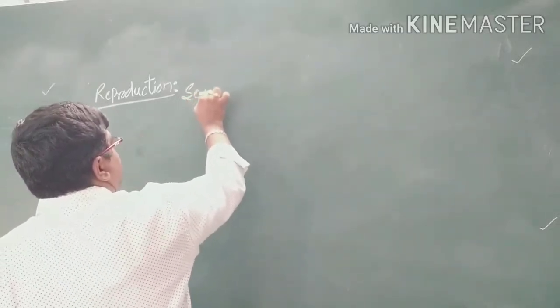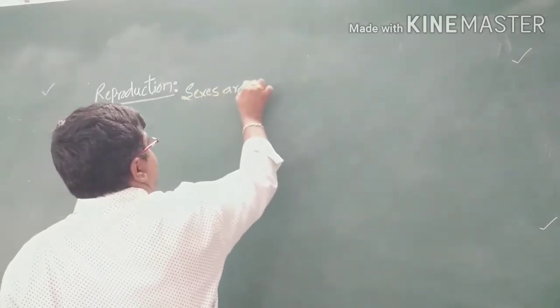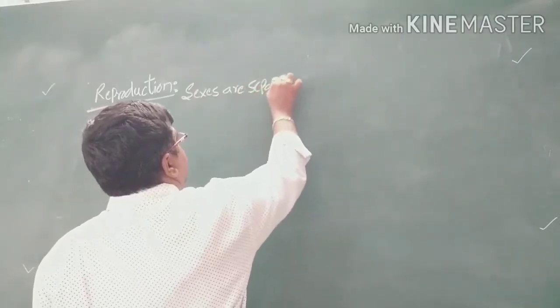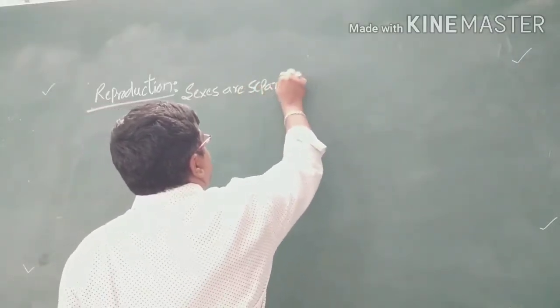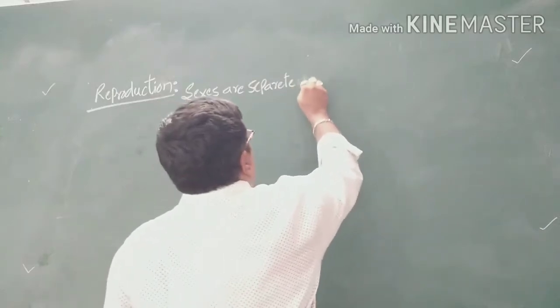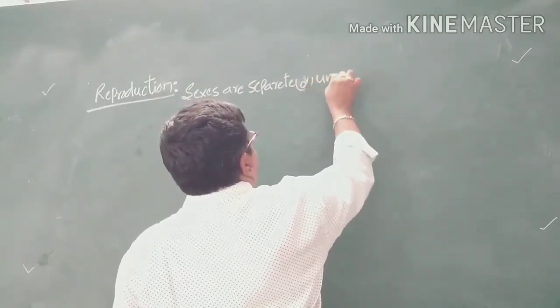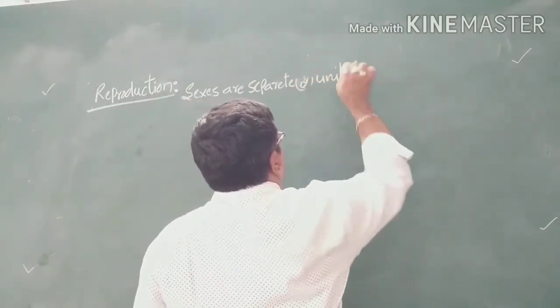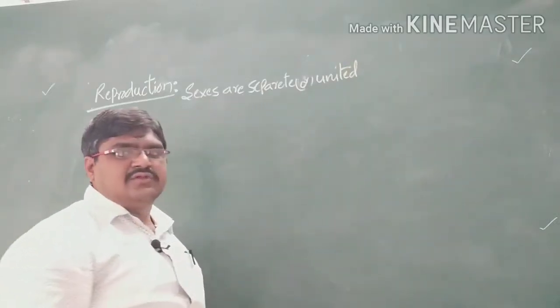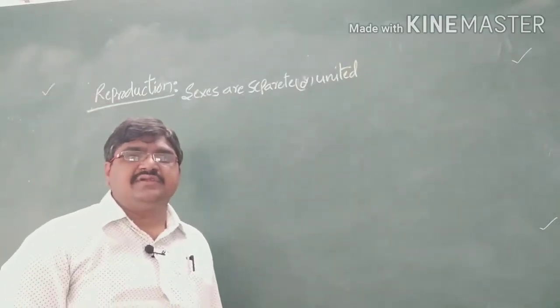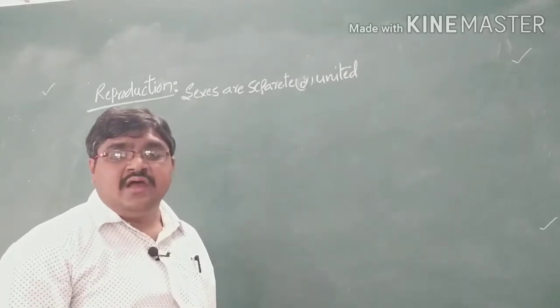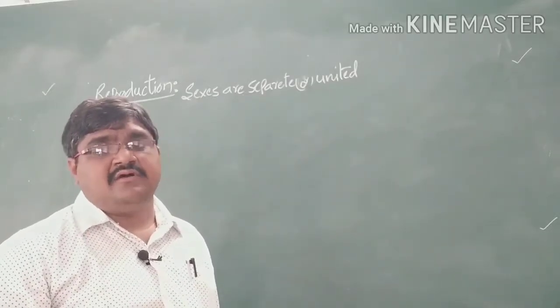Separate means male and female are separately present, and united means they are bisexual forms.